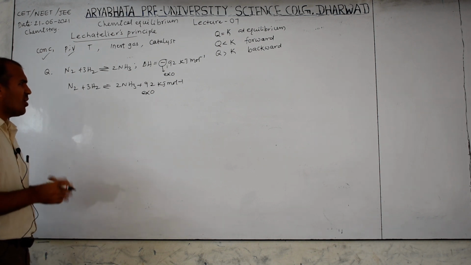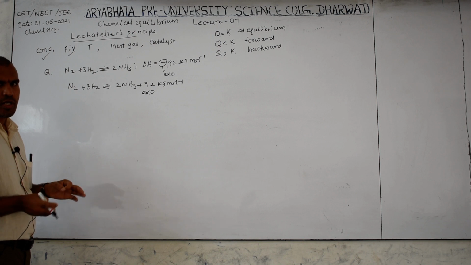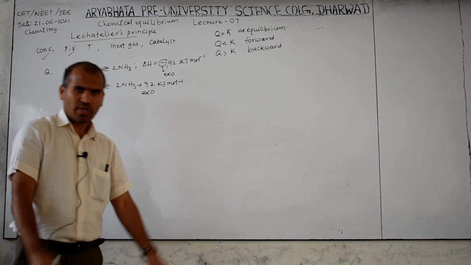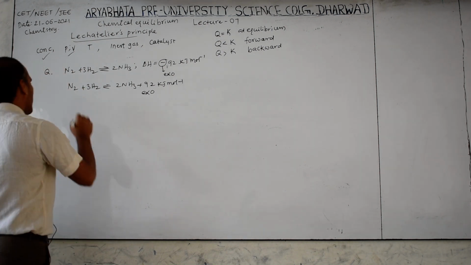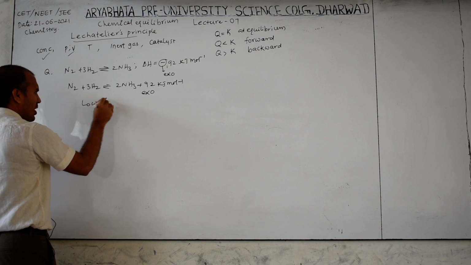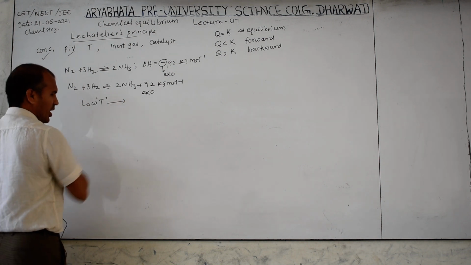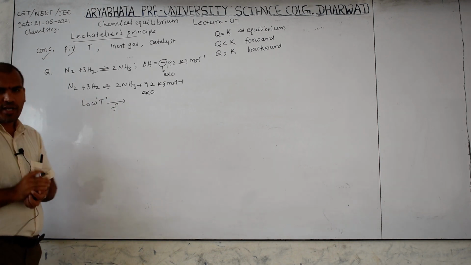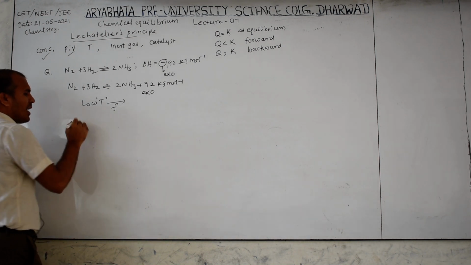Okay. Now for this exothermic reaction, what is the favorable condition? Low temperature. Exo means loss, therefore low temperature is required. Endo means heat required, therefore high temperature is required. So for this reaction, low temperature is the favorable condition for the forward direction. At low temperature the rate of reaction is very low, therefore a catalyst is used.